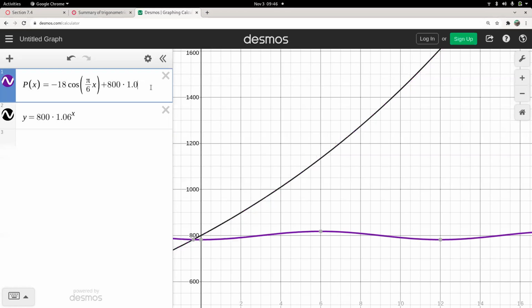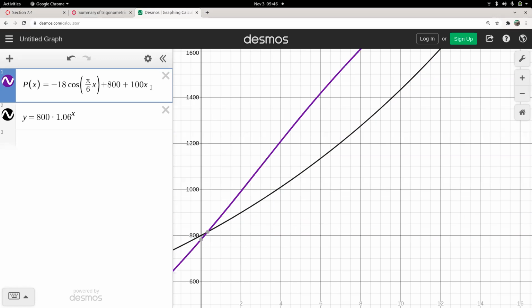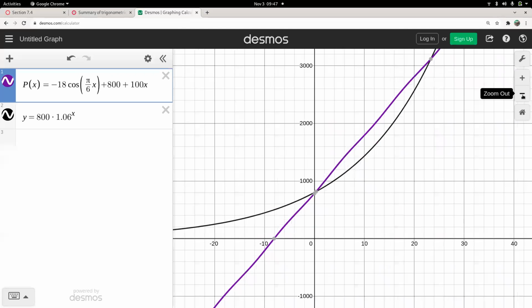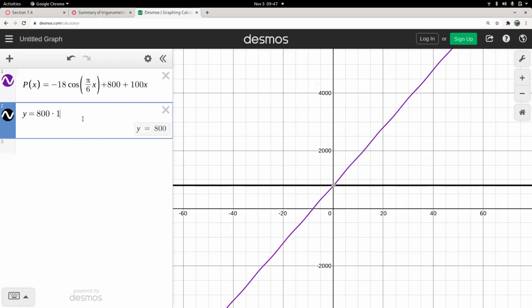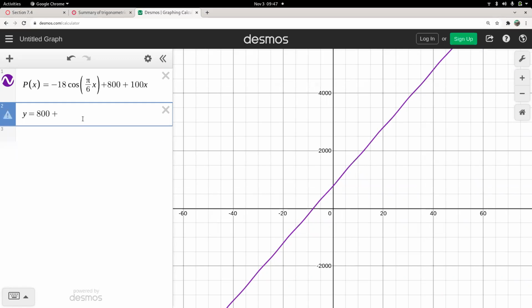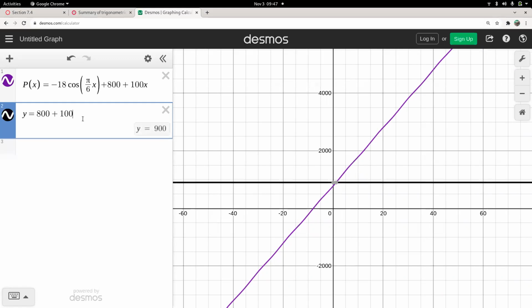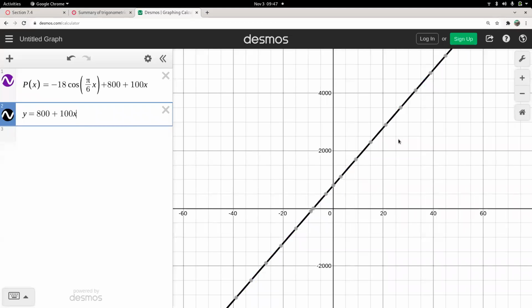So instead of an exponential function, it would be a linear function with a constant slope. And this one we can actually zoom out on and see the oscillation a little better around that line. Oops, let's get the line here. So similar example, but oscillating around a line. Oh, we're not going to get to see it because of the 800.